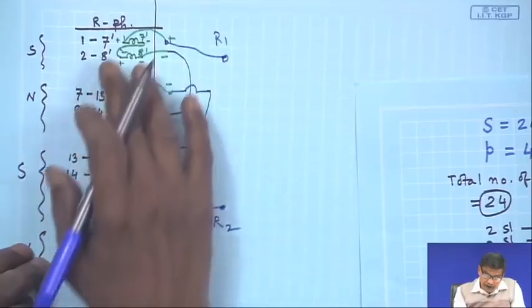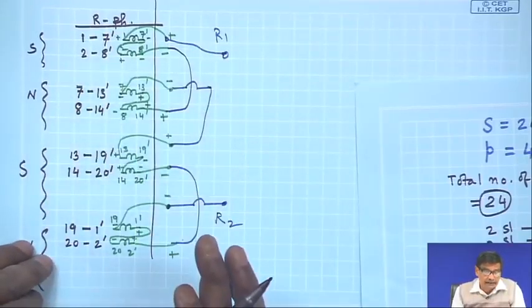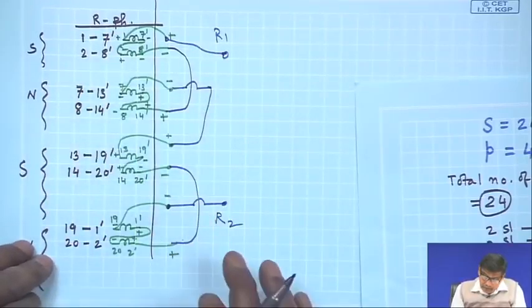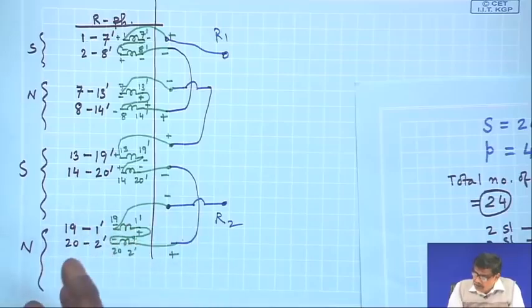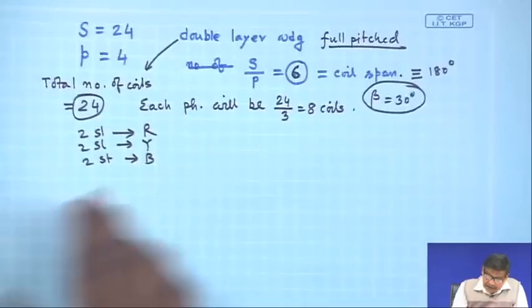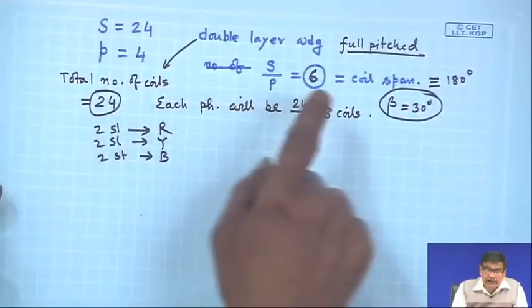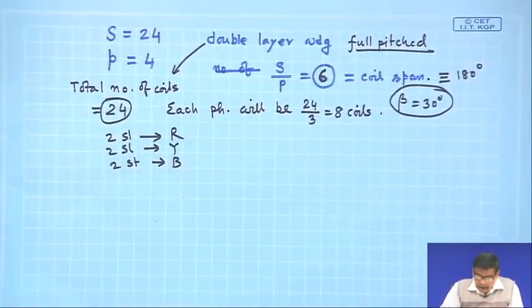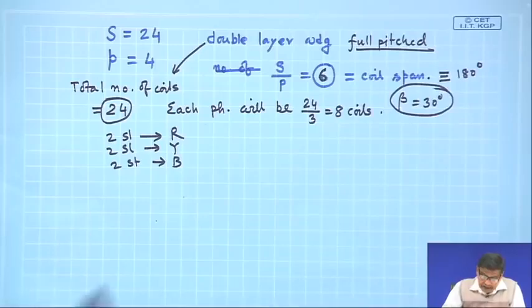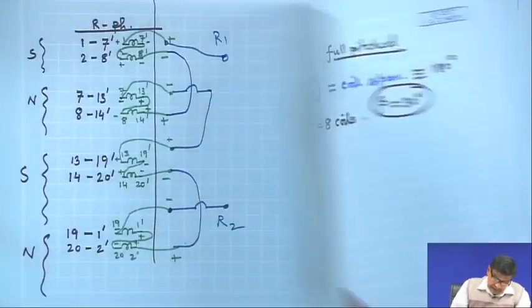Understood. So, coil spans will be like that. Now, therefore, no matter what is the number of poles, these calculations are vital and proceed in this way, and in my next lecture I will translate this.